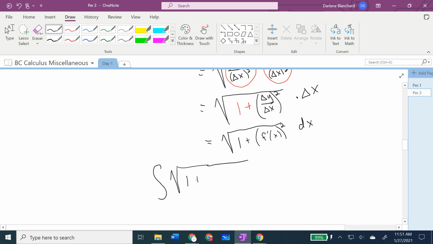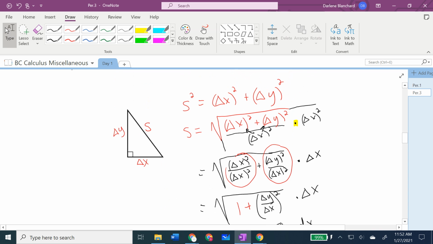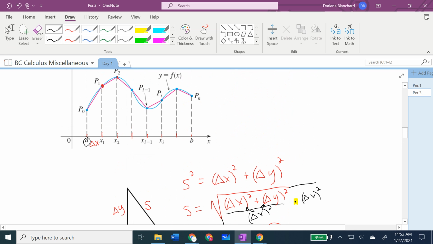And I have a nice typed up version of this formula coming up in case you need that. And I want to emphasize that if this is dx, then my lower limit and upper limit must be the x values where I begin and end. So I'm putting a and b, understanding that those are the x values that this exists between.